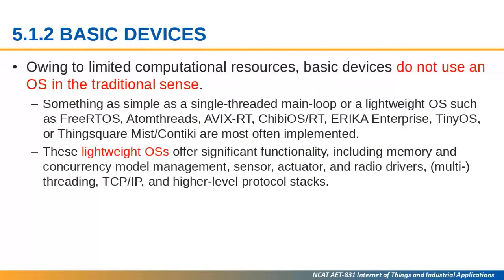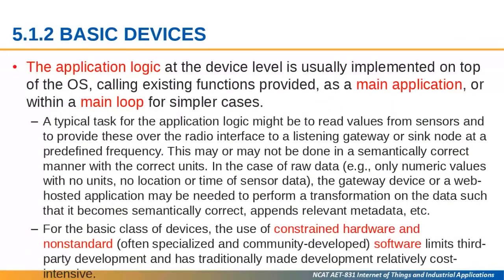And for the operating system, they try to use a lightweight operating system. For the application logic, basically the program, it usually has a main application. If you have a little idea of programming, it has a main function, and the device will just run the main function one time after another in a main loop. So it's not that smart, and it cannot run very complex programs.